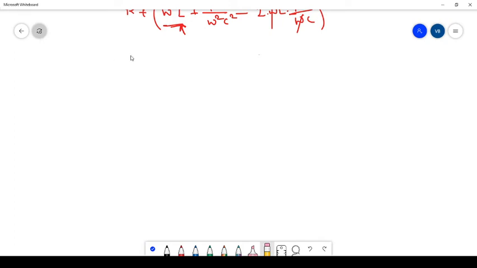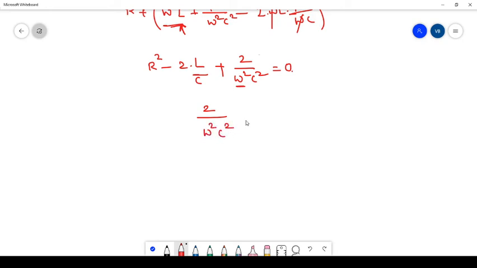So here we got that is R square minus 2 into L by C plus 2 by omega square C square equals to 0. So from this we need to calculate omega. In order to simplify that one, just keep this term as it is, that is omega square C square.